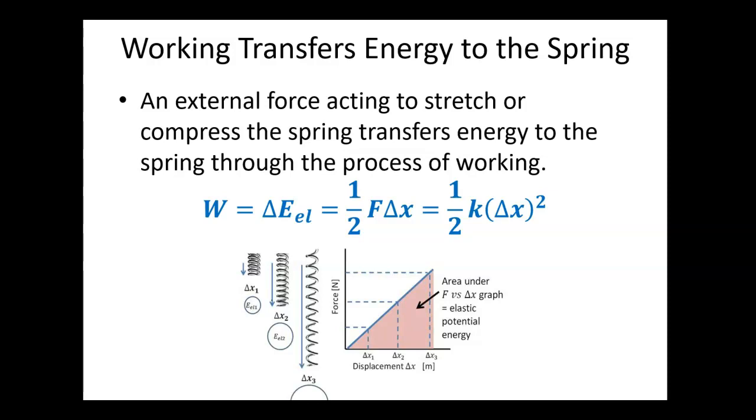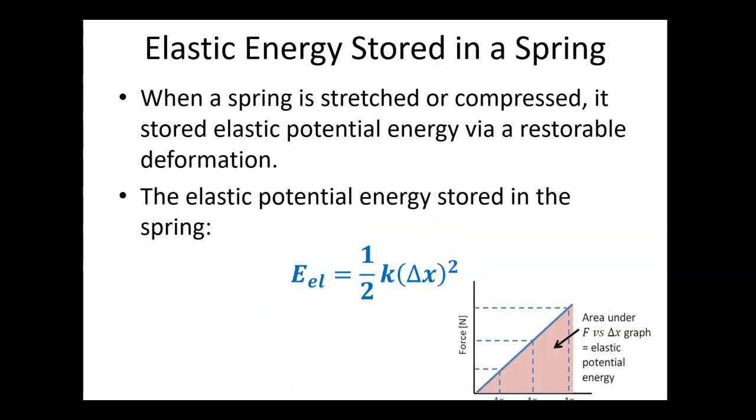And so if we replace F with K delta x, we get a formula 1/2 K delta x squared. That is the formula to calculate the amount of elastic potential energy. 1/2 times the spring constant times the square of the displacement of the end of the spring.